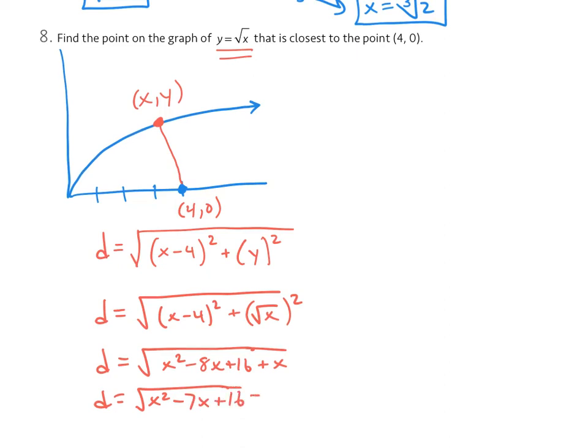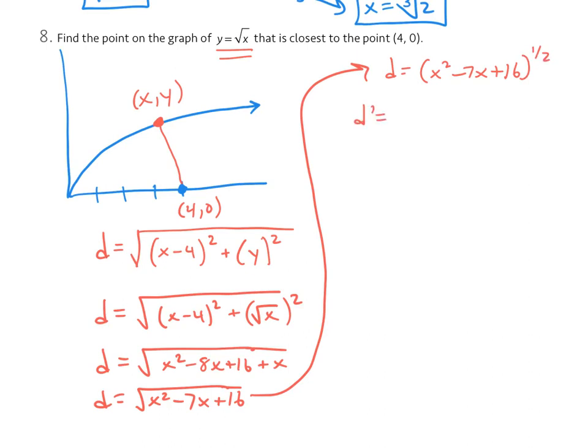I'm doing all of this simplifying because when I take the derivative of this, that will be a little bit easier. So let's do that. The derivative of this function, well, let's pause for a second and write this a little bit differently. I'm going to erase that and say that d is equal to the expression x squared minus 7x plus 16 to the power of 1/2.